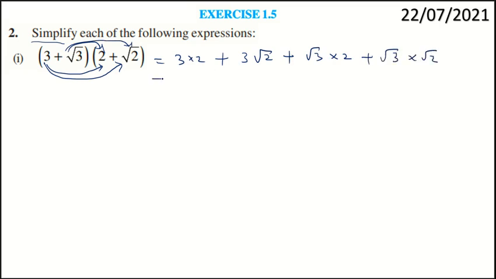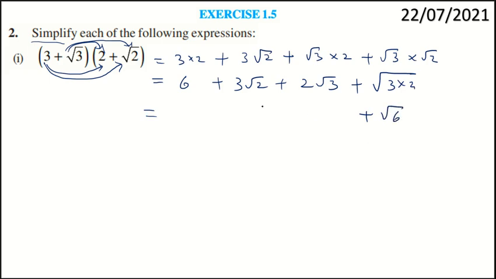This is the operation. 3 2s are 6 plus 3 root 2 plus root 3 into 2, or we can write it as 2 root 3, plus root 3 into root 2 is root under 3 into 2. Ultimately it is written as root 6. So the answer is, it's a 4 term surd, 6 plus 3 root 2 plus 2 root 3 plus root 6. This is the answer.